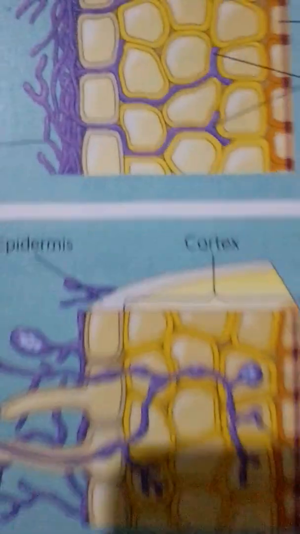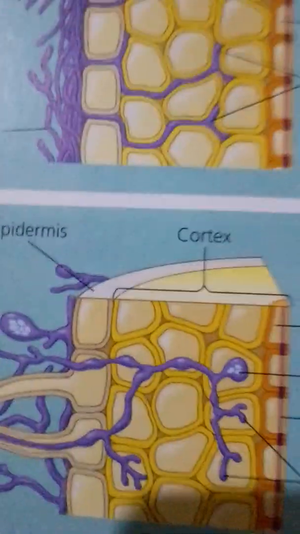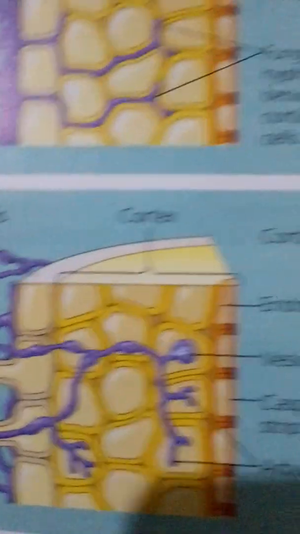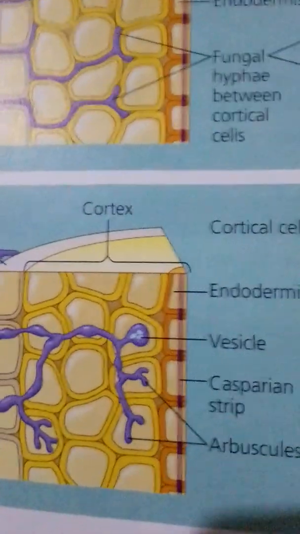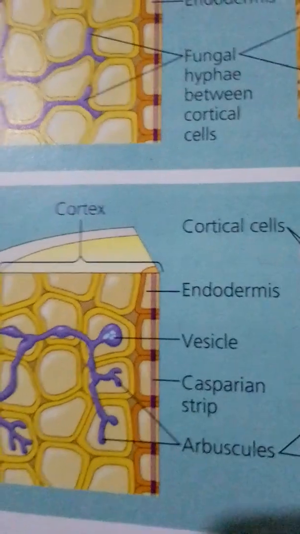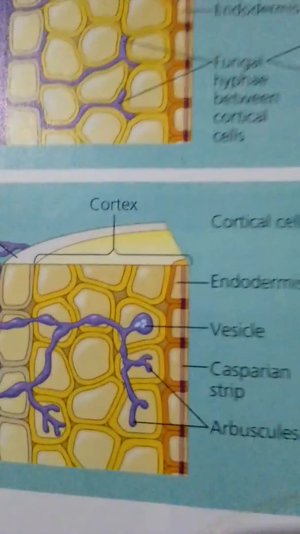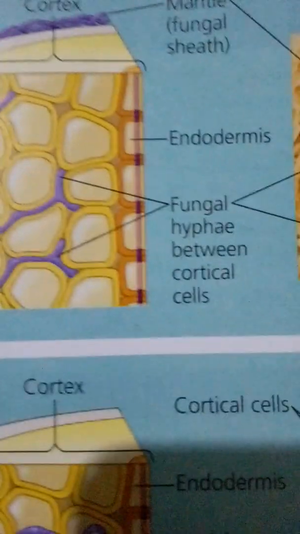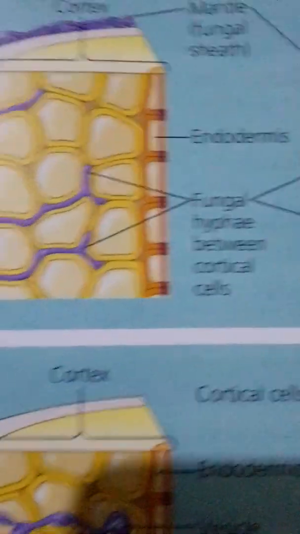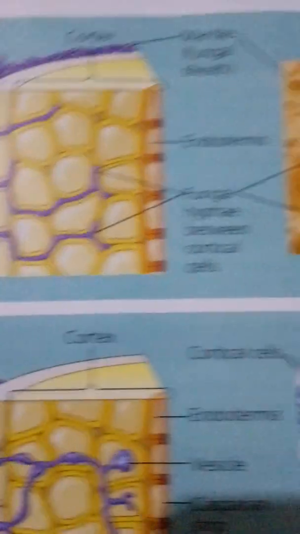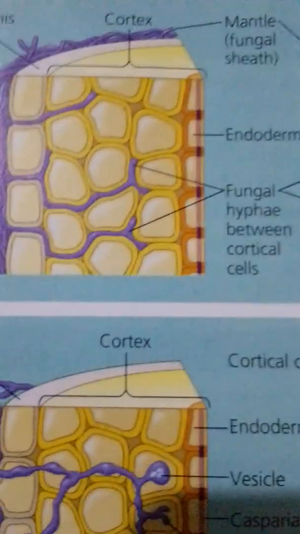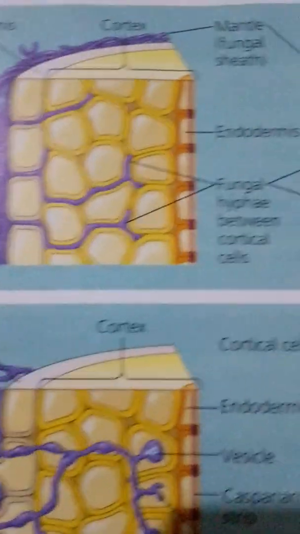In ectomycorrhizae, the mycelium, a mass of branching hyphae, forms a dense sheath or mantle over the surface of the root, as shown in this figure. Fungal hyphae extend from the mantle into the soil, greatly increasing the surface area for water and mineral absorption.